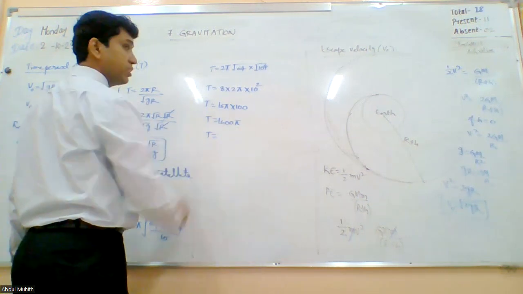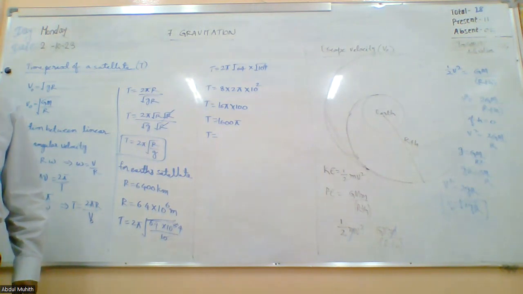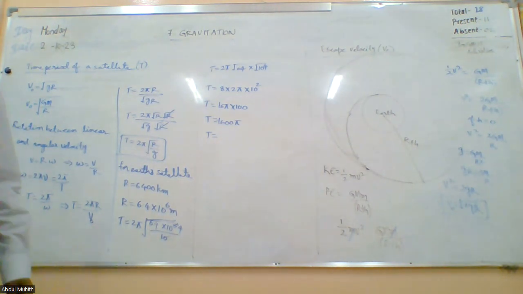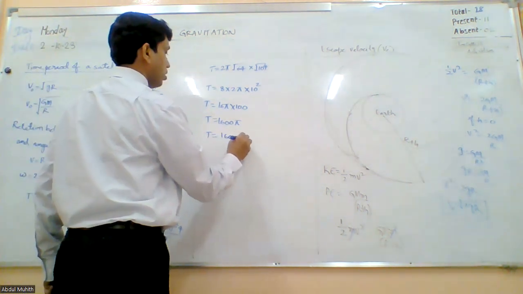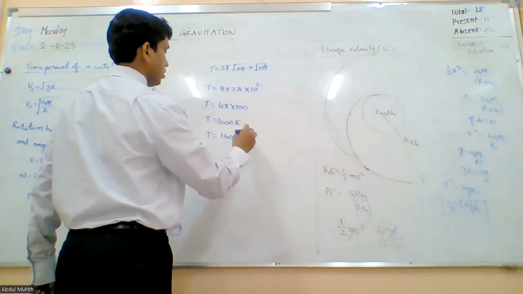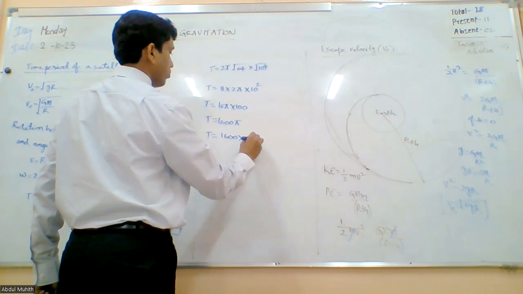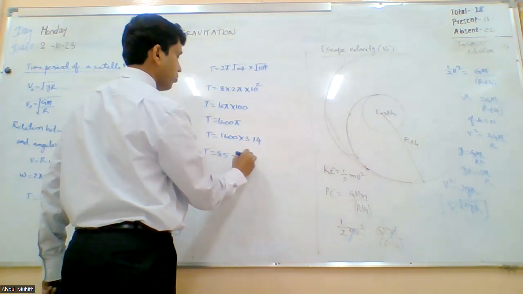So T is equal to how much now? It's coming in seconds. 1600 into 3.14, and it is showing around 85 minutes. What is the meaning of this?